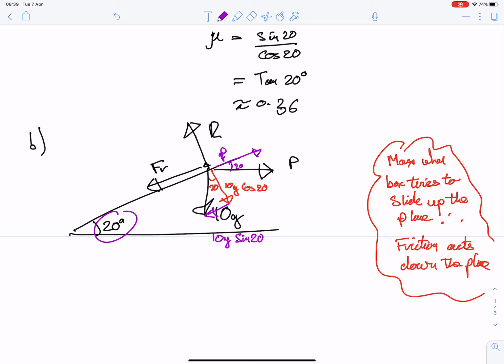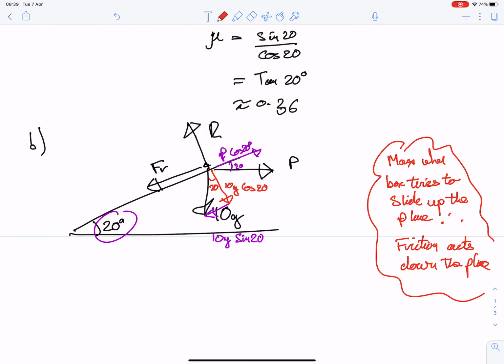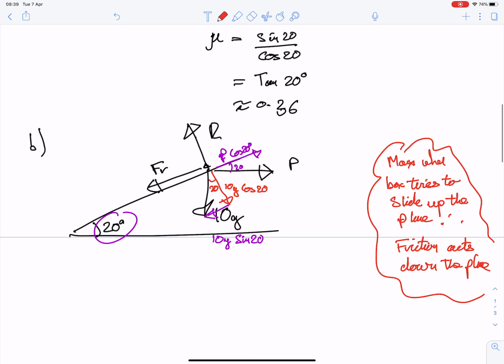P is its magnitude, adjacent to the angle, so cos of 20 degrees. Here we're opposite the angle, so it's going to be sine, so this is P opposite the angle, sine of 20.